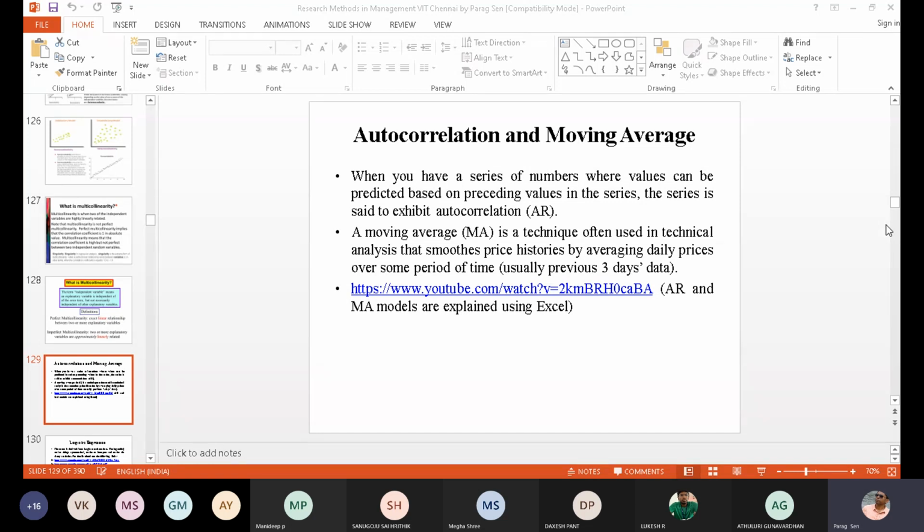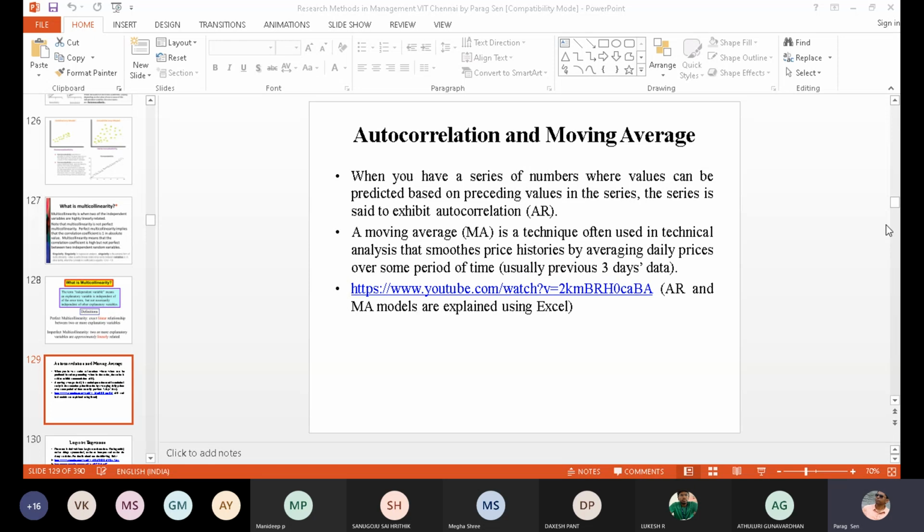If this kind of scenario occurs, then the series itself is regressed. The present values are regressed by the past values, or the current values are influenced by the previous values.